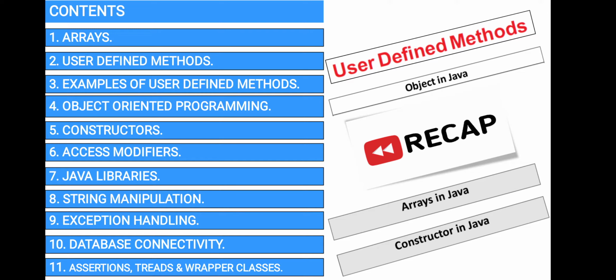In the previous session, you understood the concept of array. What are the types of array? The two types of array, single dimensional array you have studied with syntax and example. And then you have understood how to declare and initialize the Java arrays.